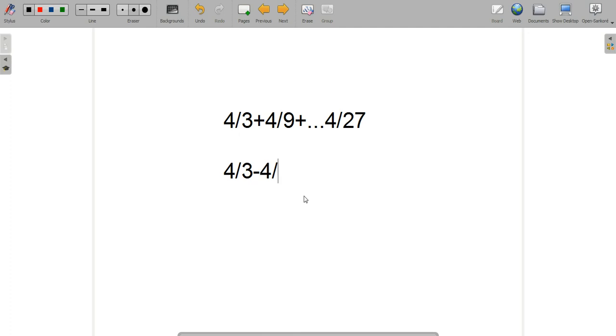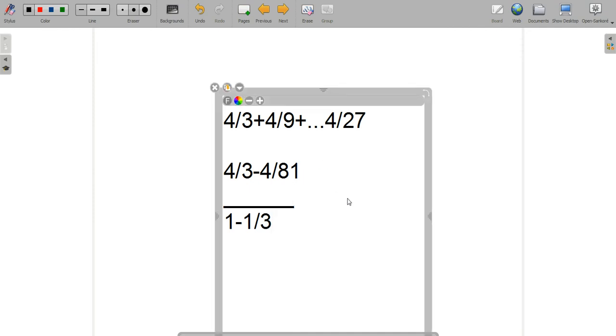Because remember, times 1/3, times 1/3, times 1/3. Because, you know, 3 times 3 is 9. Okay, so you have that. And then you want to divide by 1 minus the common ratio. In this case, it's 1/3. So you get 2/3 in the bottom.